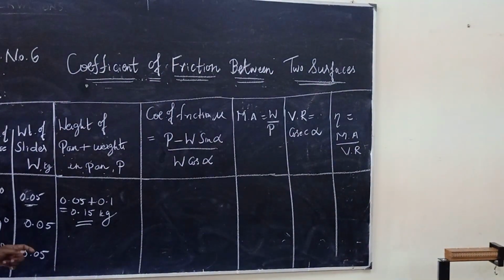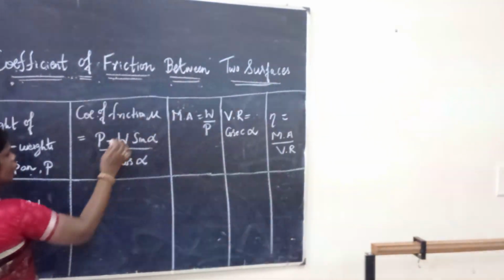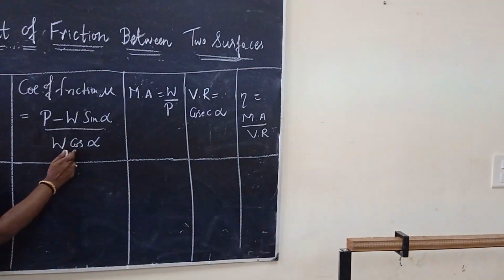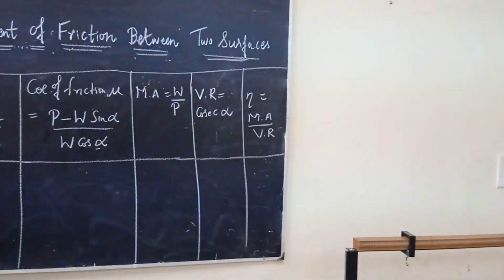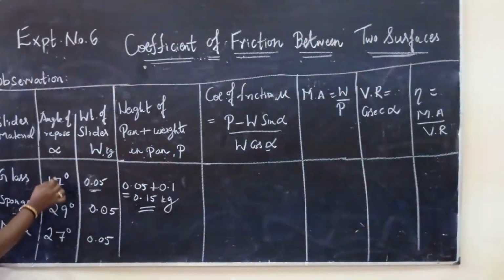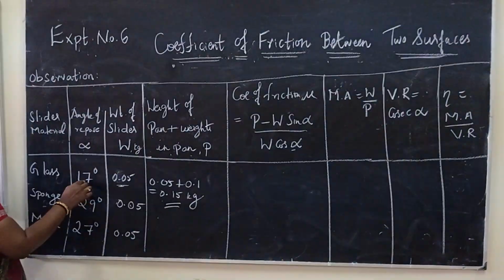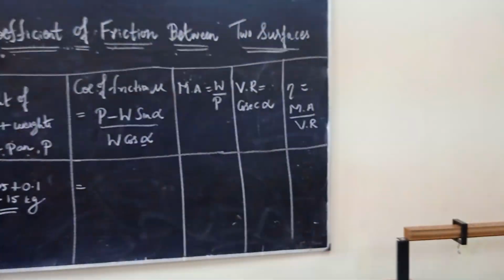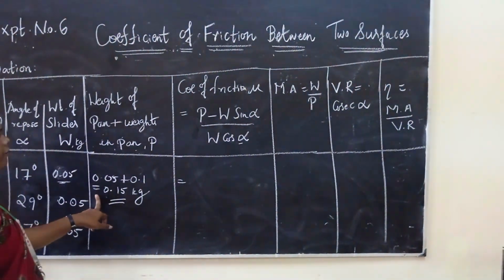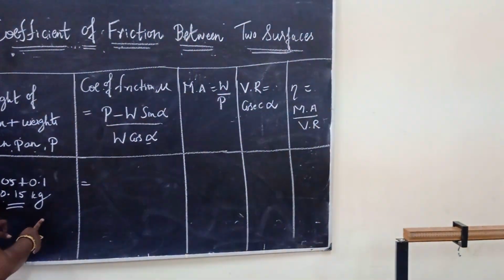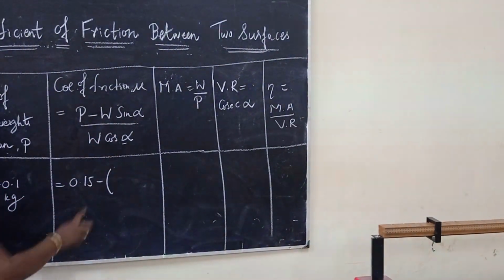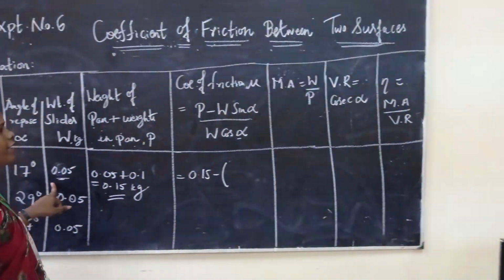So இப்போ நம்ம coefficient of friction கண்டுபிடிக்க mu. Mu is P minus W sin alpha by W cos alpha. Alpha என்பது angle of repose. ஒவ்வொரு angle of repose நம்ம find பண்ணோம் இல்லையா? So that is alpha. So I will substitute the values now for P. P is the weight of the pan plus weight of the slider, 0.15, minus W, the weight of the slider, 50 grams each.